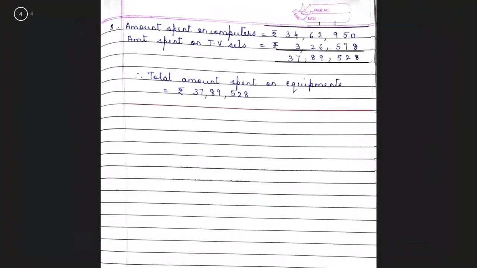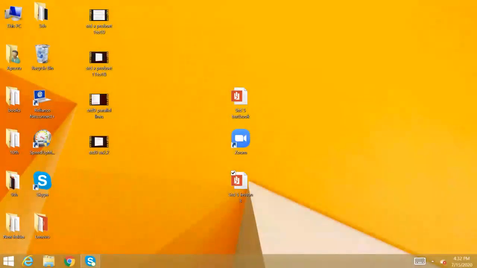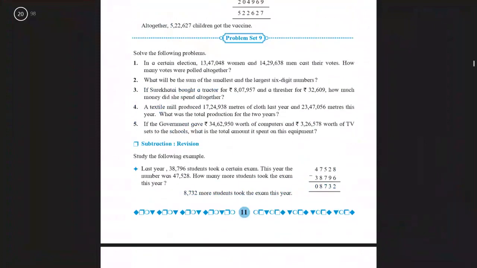So the statements are like this: amount spent on computers rupees 34 lakh 62,950, amount spent on TV sets rupees 3 lakhs 26,578. Therefore the total amount spent on equipments, you will add both of them, 37 lakhs 89,528. Okay, so with that we finish the last question of this exercise.